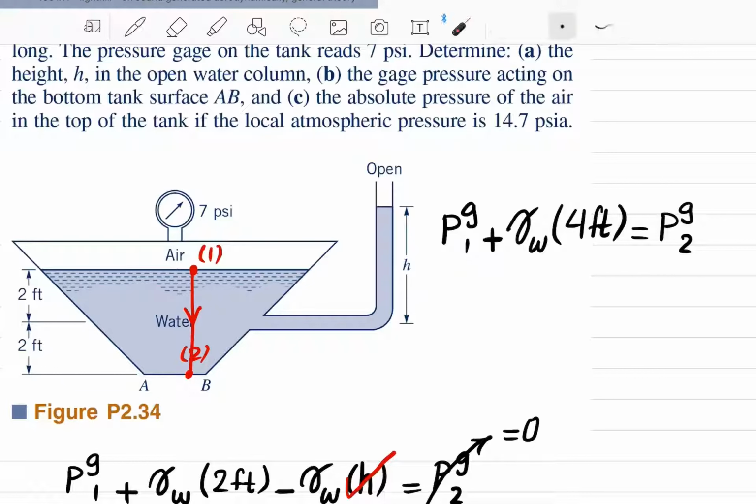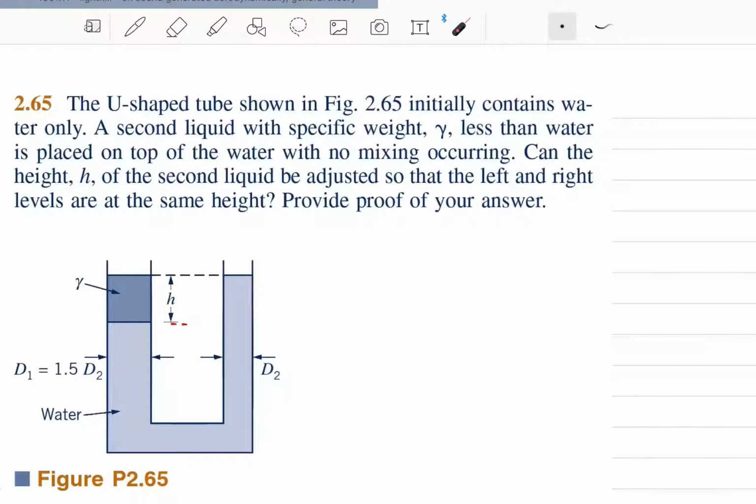The reason that I chose this problem is to show you that the shape of the tank is not important, and the only thing that we care about is the vertical distance for H. And the last problem says that the U-shaped tube shown in this figure initially contains water only.